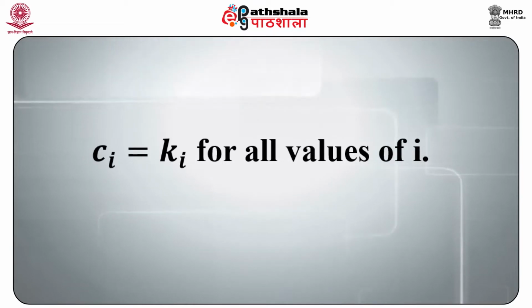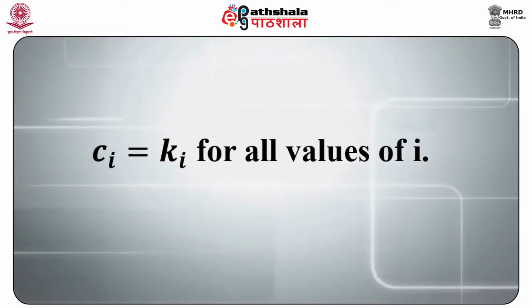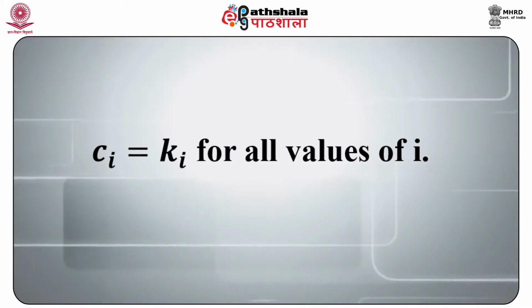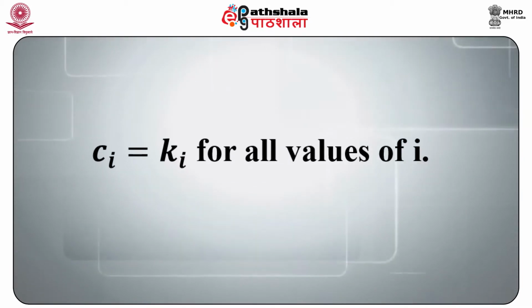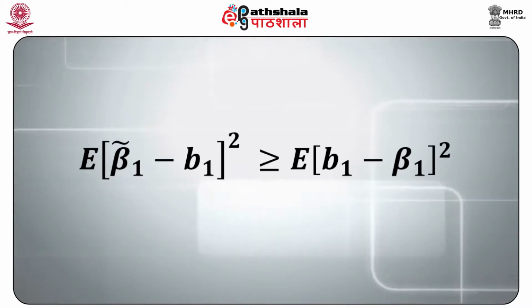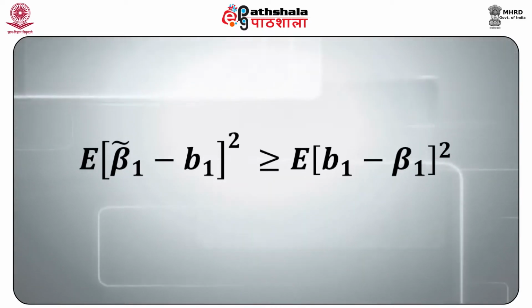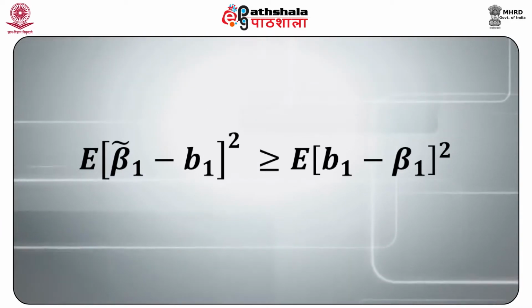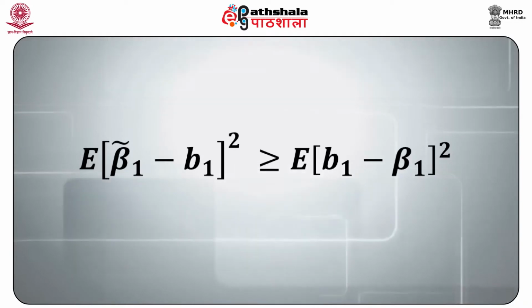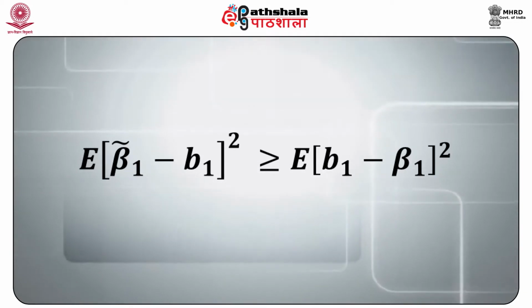Now the first term on the right hand side is always positive except when Ci is equal to Ki for all values of i. Therefore it implies that the left hand side, which is expected value of beta 1 tilde minus b1 whole square, is greater than expected value of b1 minus beta 1 square.